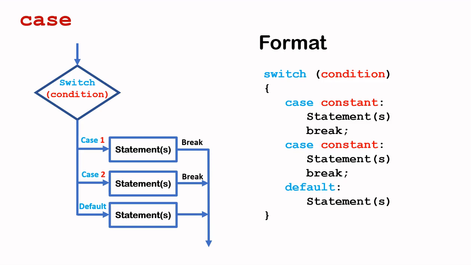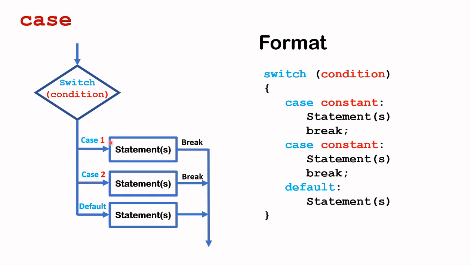Okay, now let's take a look at the case construct. The case construct compares the condition with the case constant. Now, if the condition matches the case constant, in this case the one in red, then the statement or statements here will be executed, and when it encounters the break statement, it will then exit.